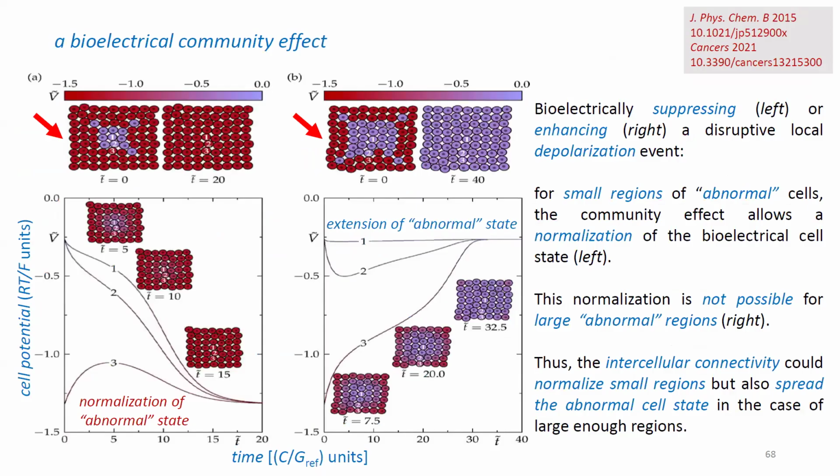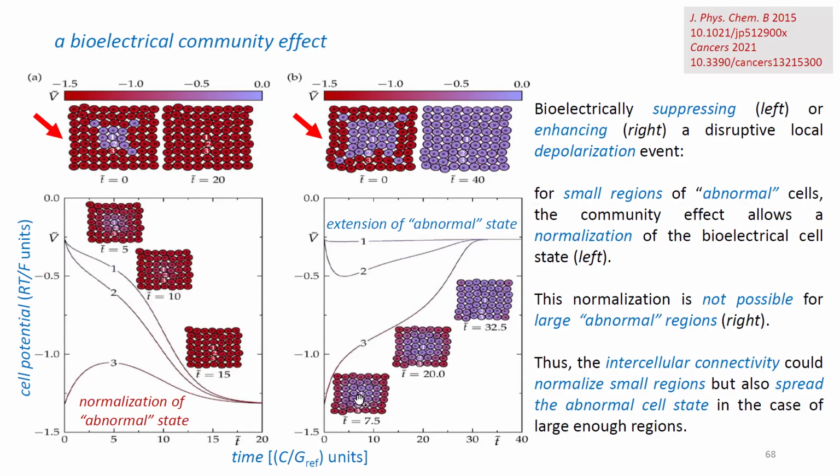This can be extended to a bigger cell community, and in this case, we see that when the region that has been depolarized is a relatively small region, repolarization forced by the neighboring cells external to the central cells is possible.